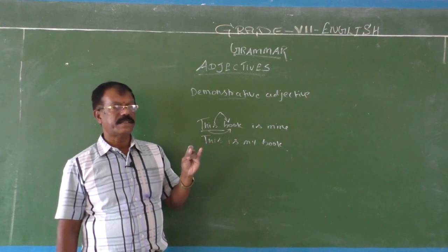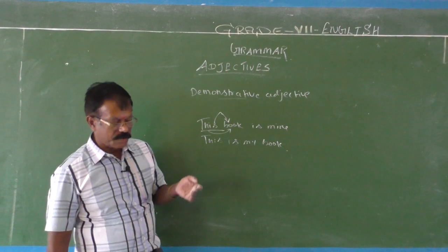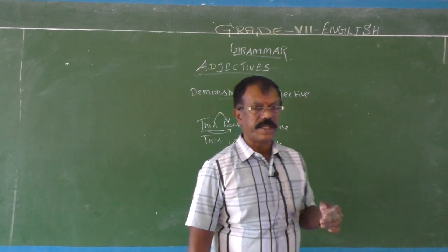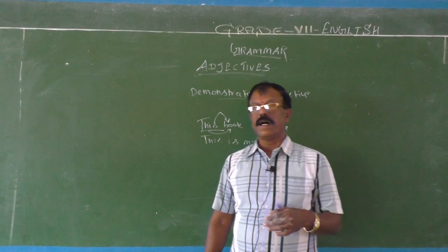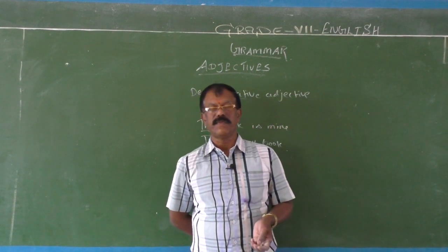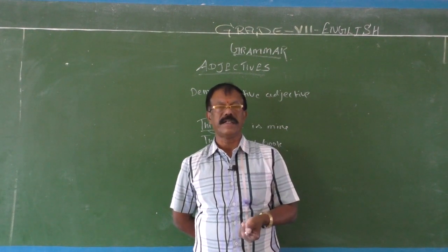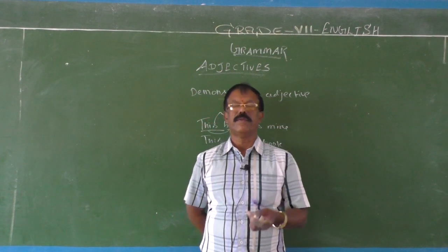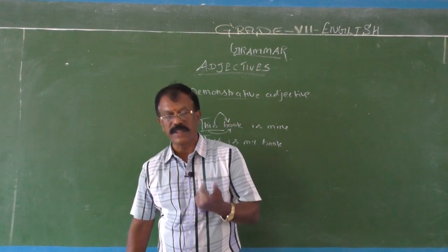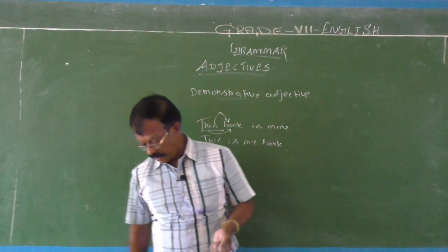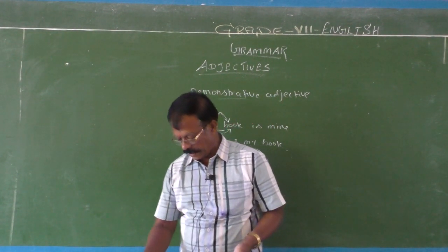When this, that, these and those are used in a sentence without any noun, they are called demonstrative pronouns. But when these words are used with a noun, they are called demonstrative adjectives.